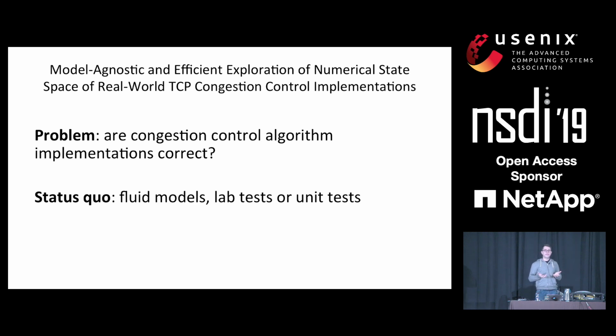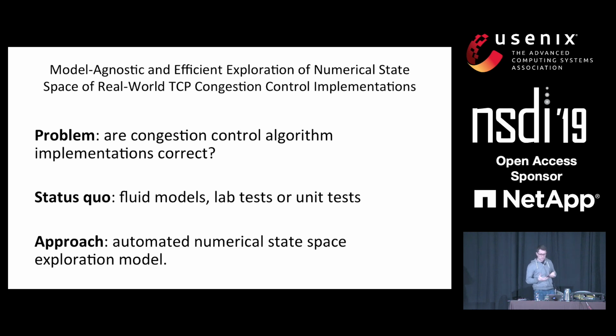Currently, we test congestion control algorithms by writing fluid flow models for them, writing differential equations and figuring out whether they converge. And then for the implementations, we write unit tests, or we do lab tests with them, or we do wide area tests with them. But there's no real established rigorous testing procedure that we apply. And this paper tries to provide one.